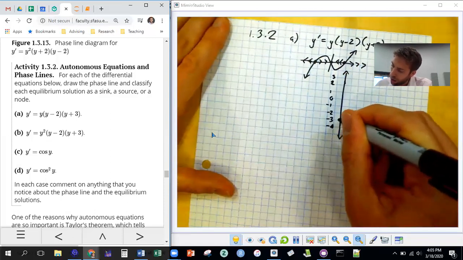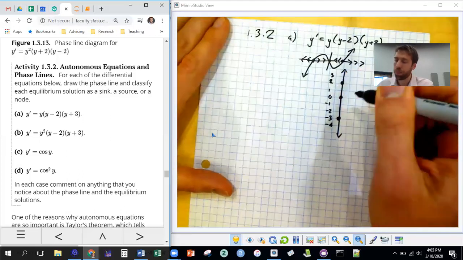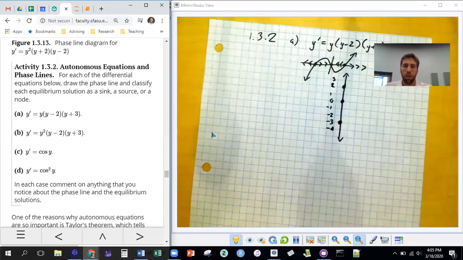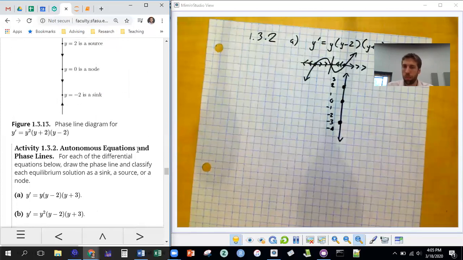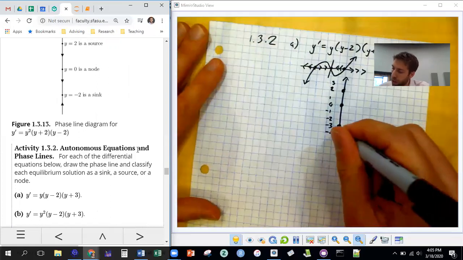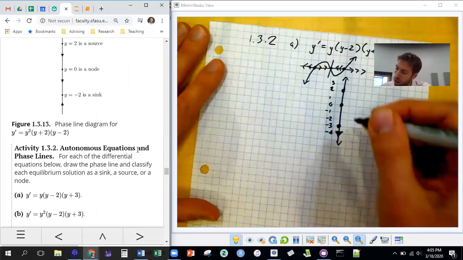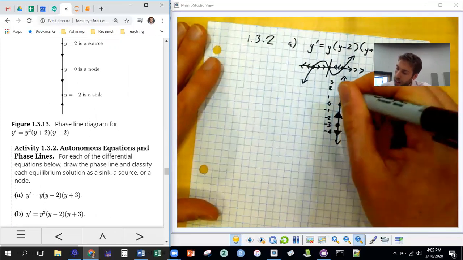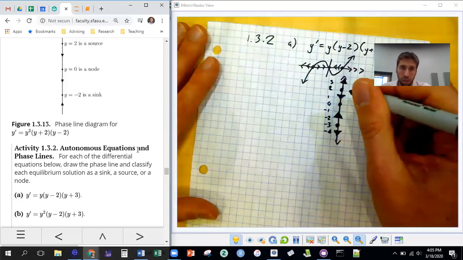So at -3, at 0, at 2, and then that means that you match that to our example here. So it's going down there. It's going up here. It's going down here. It's going up here. So that makes this a source.